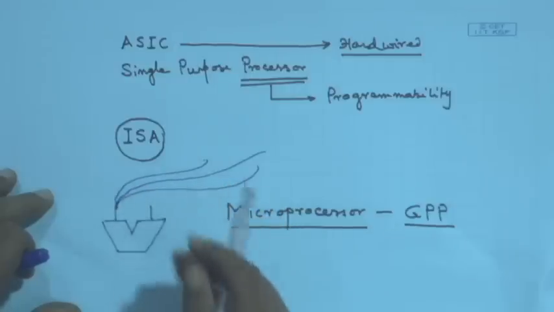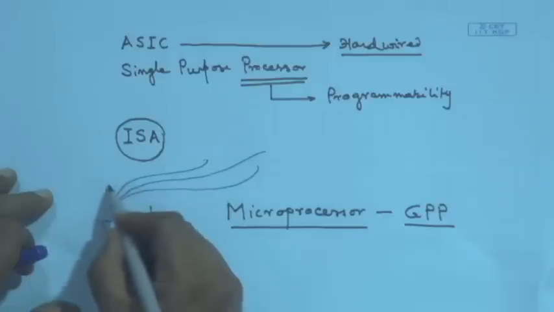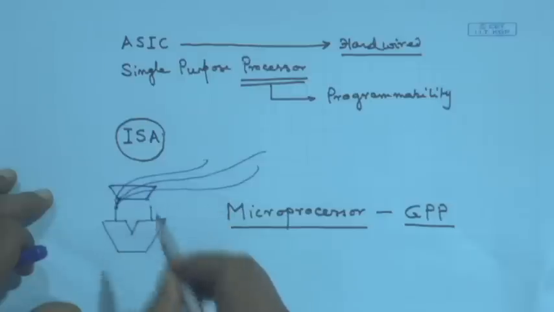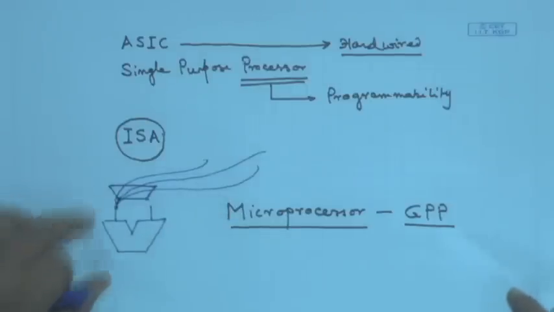So, how do I select which path should be activated depending on the instruction? All of you will immediately understand, we need a multiplexer here. That is why, if you recall in the earlier class, we said that a data path consists of the computing elements, the registers, multiplexers, buffers and all these. That is the data path.